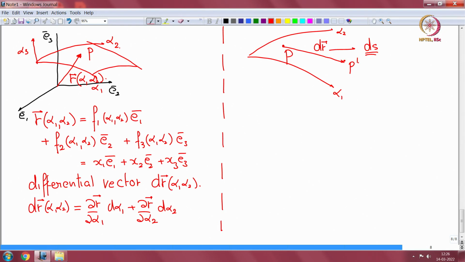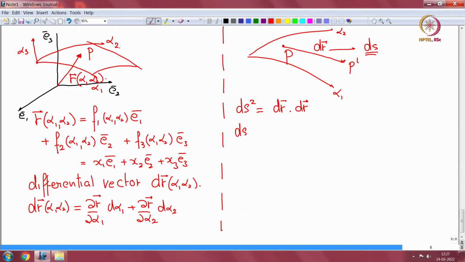So what do we want? We want ds squared, which is dr dotted with dr.